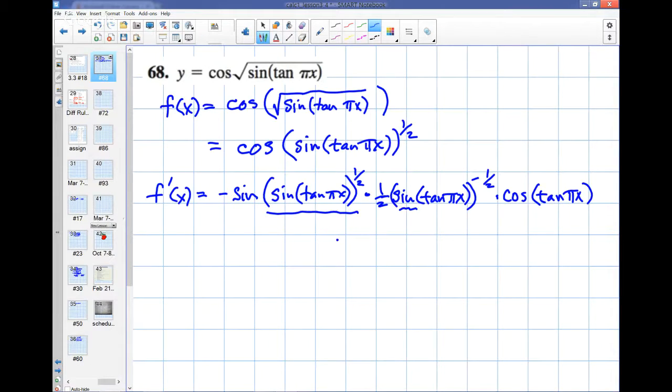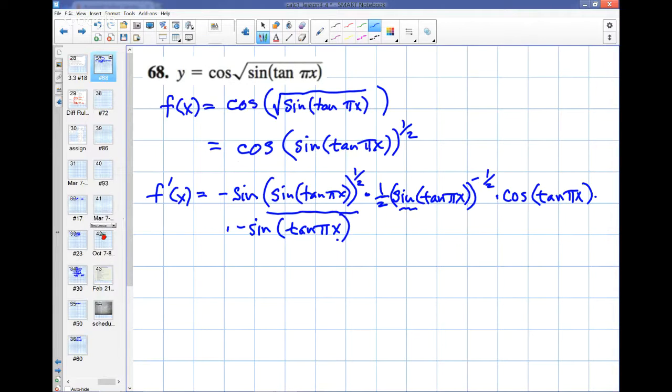All right. What's the next thing on the inside? Oh, it's the tangent. I don't have enough space here, so I'm going to have to just continue here. So what's the derivative of the cosine? Minus the sine, right? So times minus the sine of the tangent of pi x.